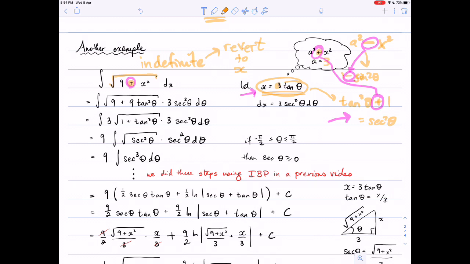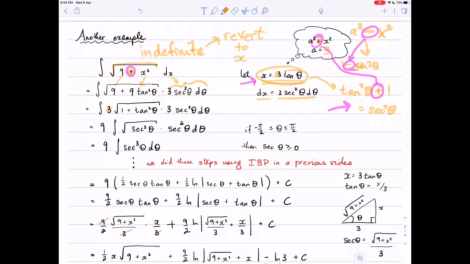So if x is 3 tan theta, then dx is 3 secant squared theta d theta. I make the relevant changes here, so dx becomes 3 secant squared theta d theta. The 9 stays, and x becomes squared, so I get 3 squared, which is 9 tan squared theta. Pull out the 9 through the root, so I get a 3.